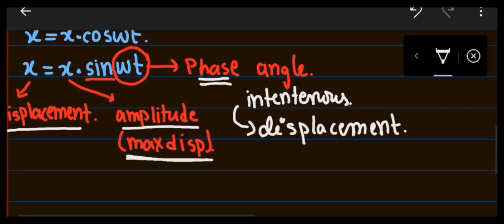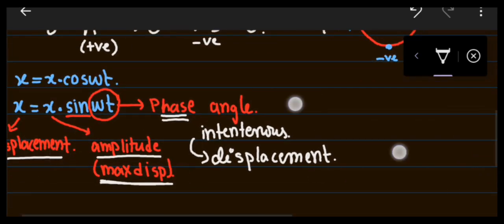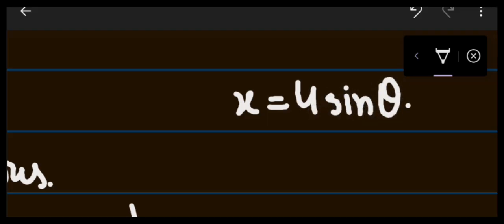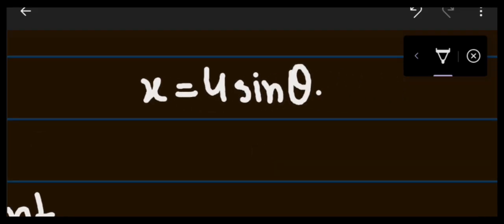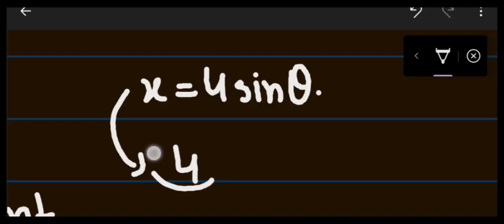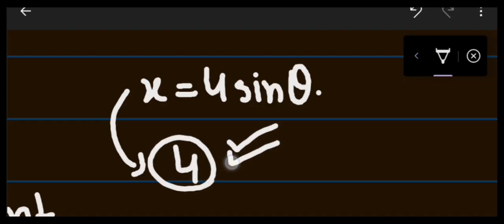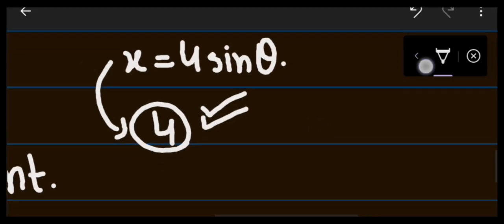Okay, exact point. For example, x is equal to 4 sine theta, this is an example, and someone asks you for the value x which is 4. If someone gives you this equation and says I need 4 as the answer, how will you solve it?